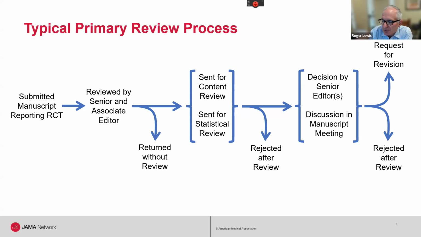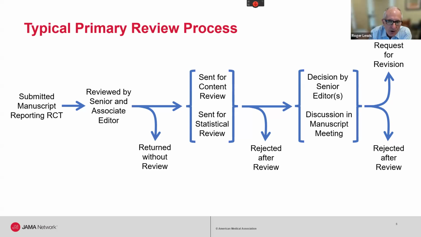Based on the discussion at manuscript meeting, or for some manuscripts, discussion by a smaller group of senior editors, a decision is made to either request a revision or to reject after review. The vast majority of manuscripts for which a revision is requested, unless the authors are extremely uncooperative, will be accepted and published.